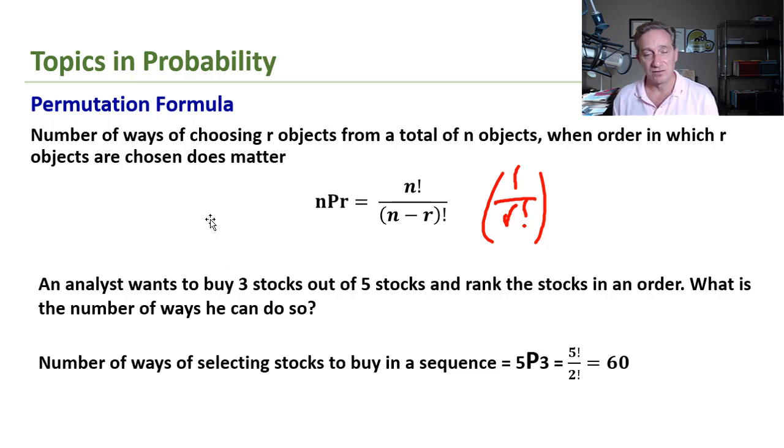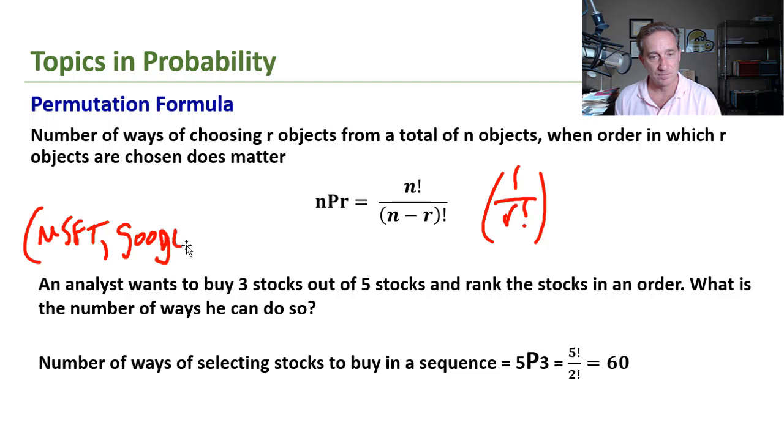So that question is different, right? Because in the combination question before, if the analyst picks 3 stocks, let's say Microsoft, Google, and what's my other one going to be? How about Amazon? In the combination problem, it doesn't matter what order he selects them.